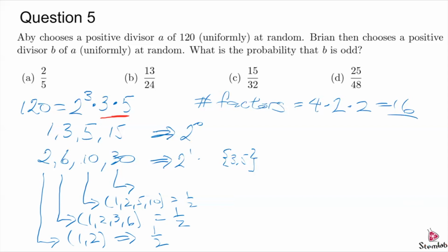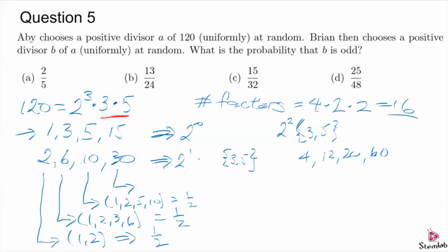Okay. So this gives us some motivation to look at what happens if it's of the form 2 squared times some combination of 3s and 5s. Meaning the factors that Abby chose first will be 4 times the initial ones, so that will be 4, 12, 20, and 60.